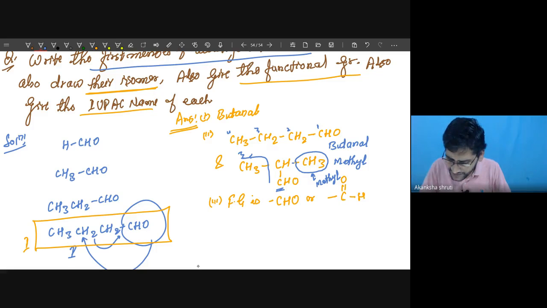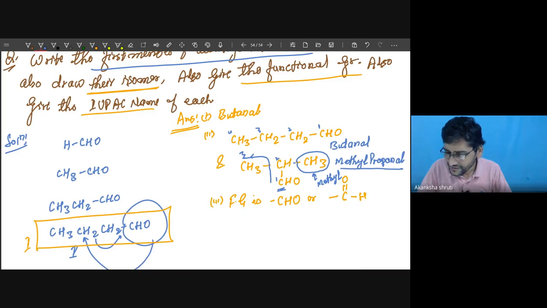How much carbon is this? 1, 2, 3. So it will be propanal. Students, no need to write this 1 because by default it is at 1. So 1 is dropped here and directly propanal is written.